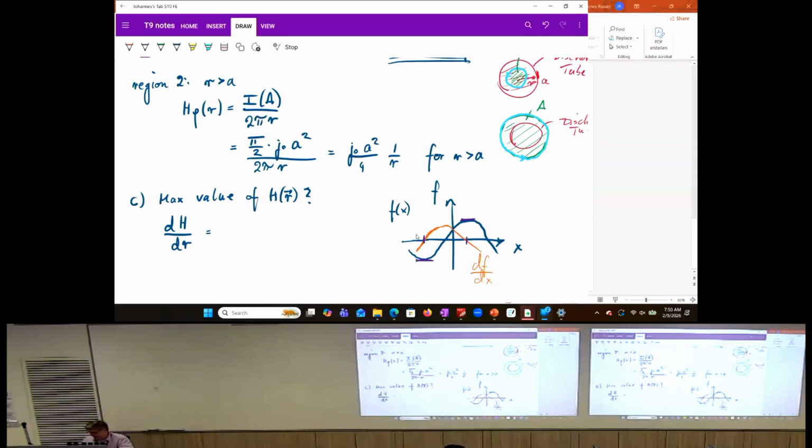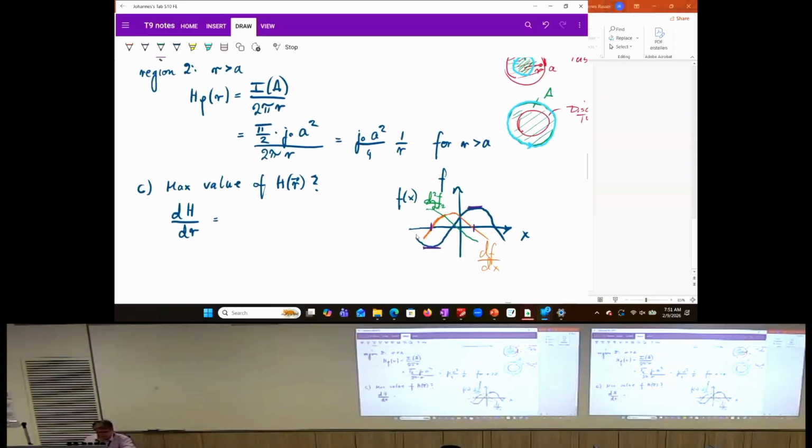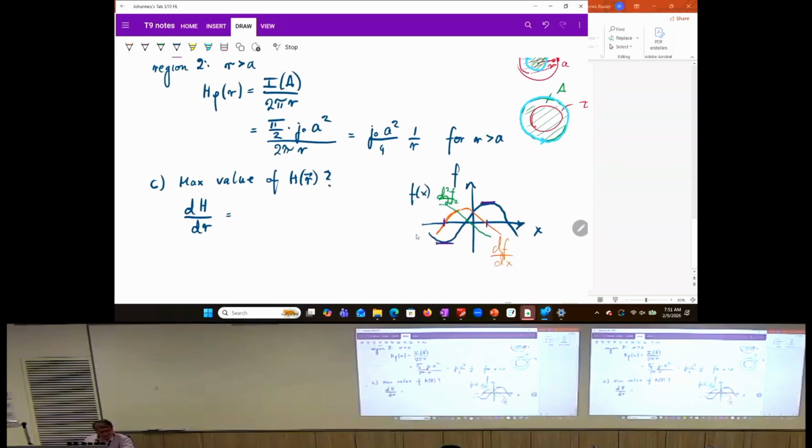That tells you that you have an extremal value, maximum or minimum. Then you take the second derivative, and that will tell you whether this is actually a maximum or a minimum: if it is positive, it will be a minimum, and if it's a maximum, then it will be negative. So this is a way we can evaluate that.